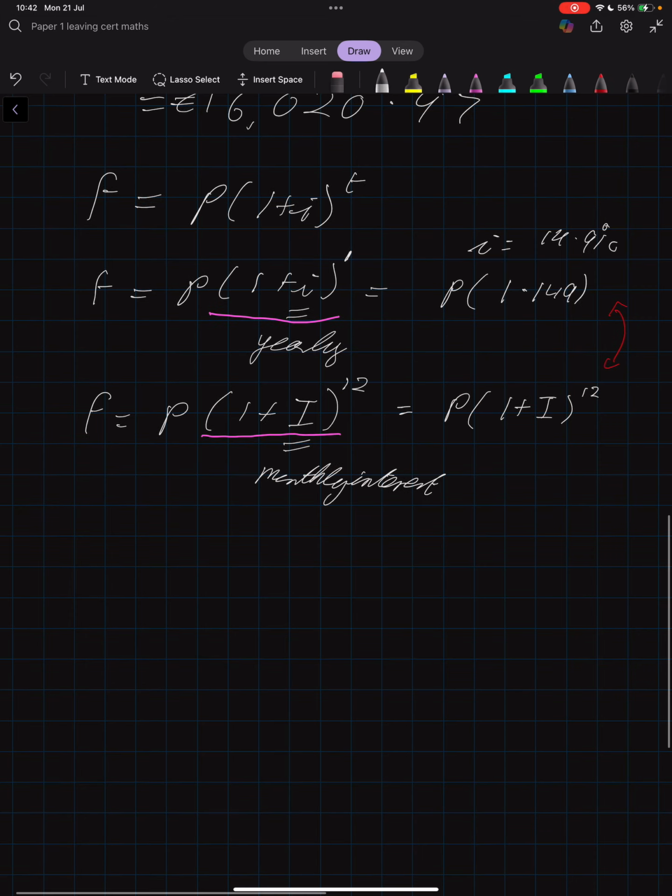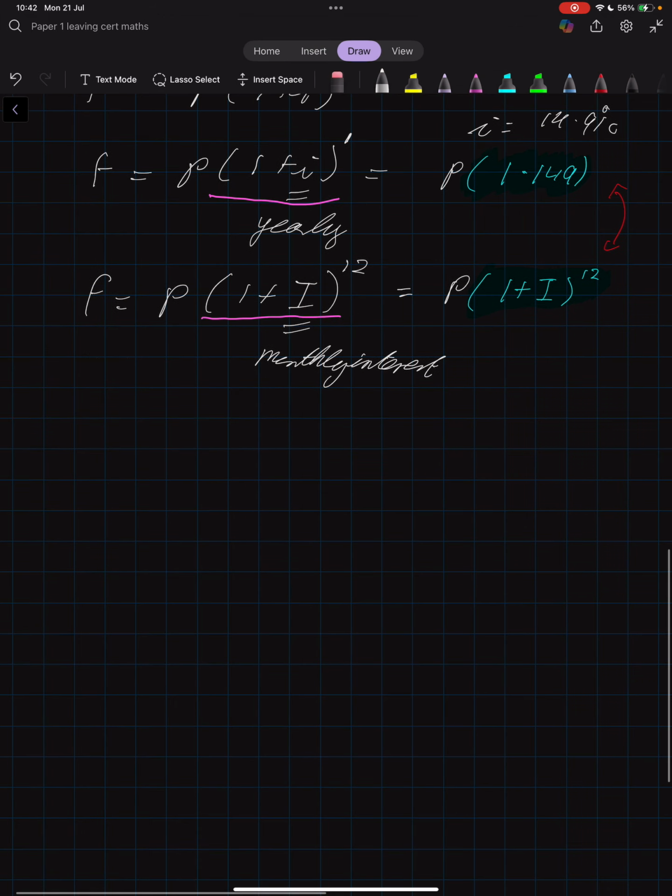So if those two things are equal, that means that this has to be equal to this. Okay? So that means that 1.149, again to the power of 1, so 1 year, is equal to 1 plus I to the power of 12, where this is in months.